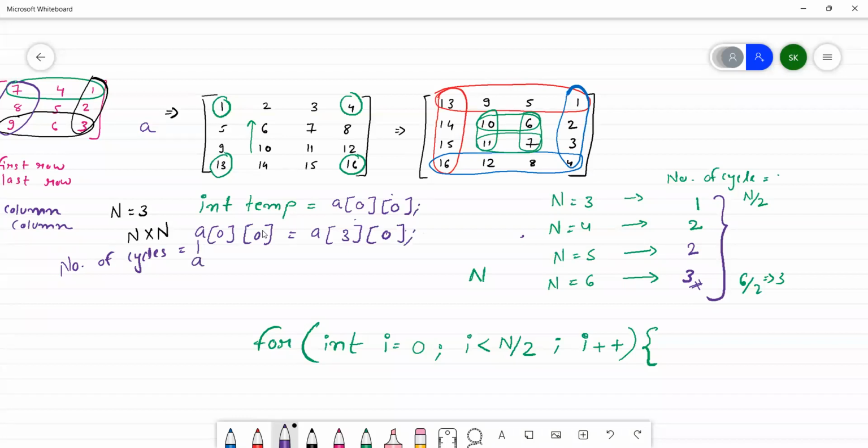Now this place is also again empty. What should come here? 16, correct? Are you guys able to follow this? Good. So now in place of A of 3, 0, you should assign A of 3, 3, correct? And in place of A of 3, 3, what should come?